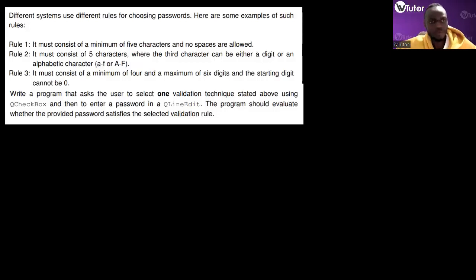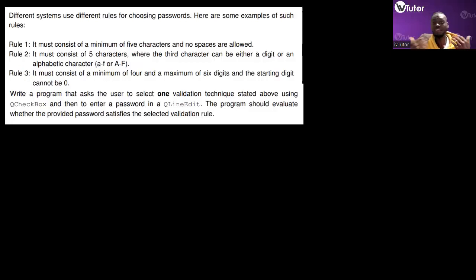Now the question says, write a program that asks the user to select one validation technique stated above using a checkbox. We won't care about that because we are not continuing from the previous question. And then to enter a password in a QLineEdit. The program should evaluate whether the provided password satisfies the selected validation rule. I think the question used an input mask and a regular expression, then you were supposed to choose which one to use to validate.